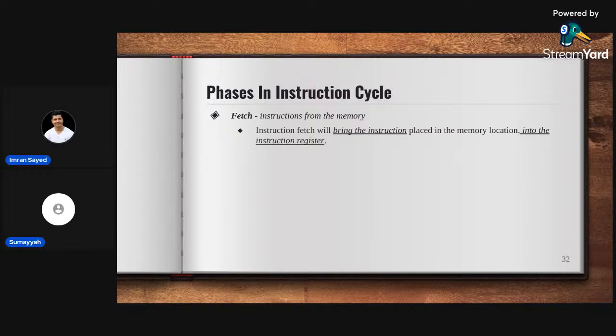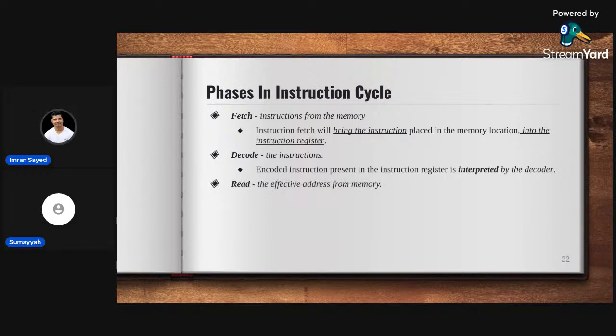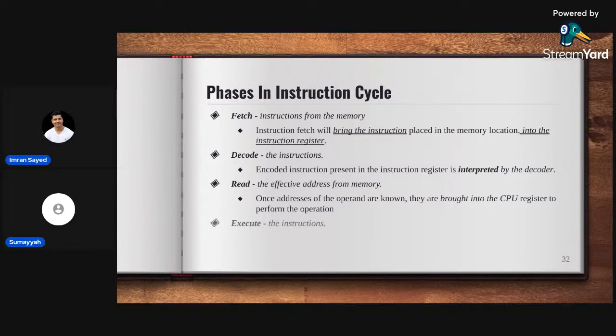Instruction fetch brings the instructions placed in the memory location into the instruction register. Decode: the encoded instruction present in the instruction register is interpreted by the decoder. Read will read the effective address from the memory. Once the addresses of the operands are known, they are brought into the CPU register to perform the operation.